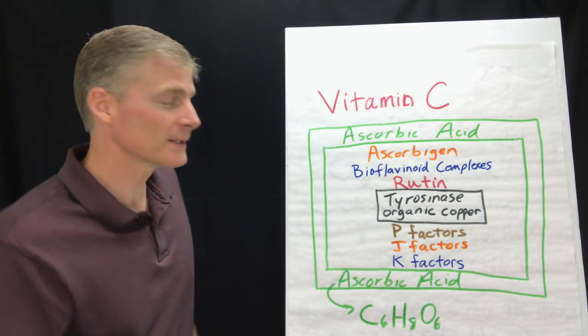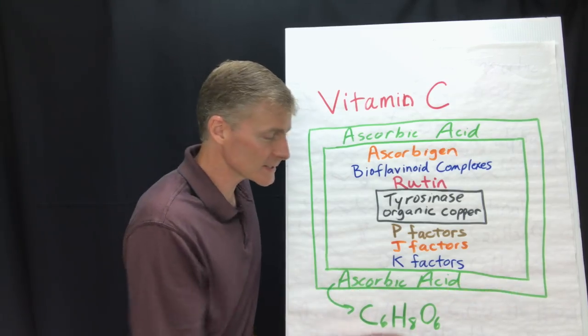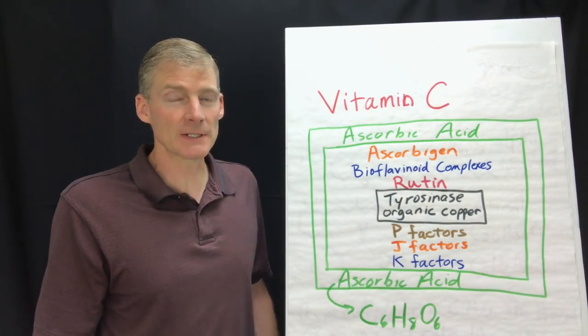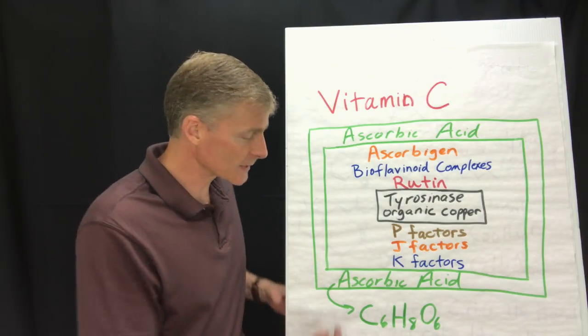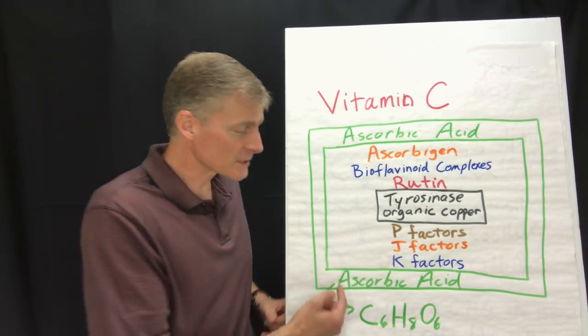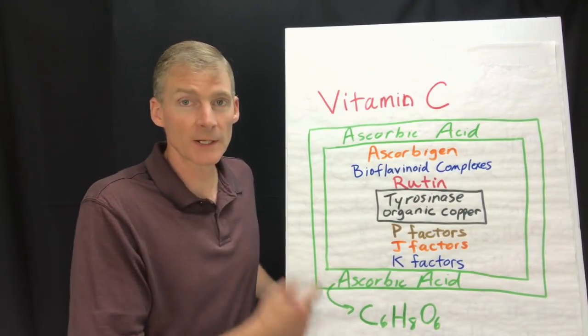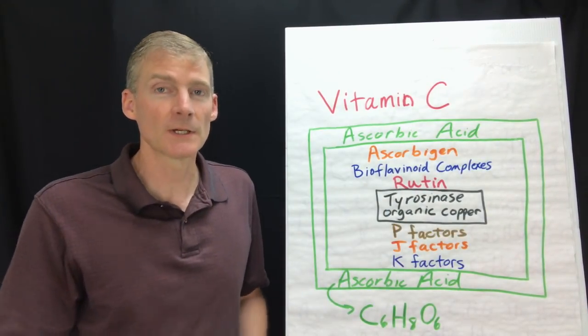So if you go back to Albert Szent-Györgyi, he's the guy that discovered ascorbic acid, and he called it vitamin C, and he said it doesn't work. It doesn't prevent scurvy. That's what that means. A means without, ascorbic means scurvy. This is supposed to cure scurvy, but it doesn't. And what is scurvy? Heart disease.